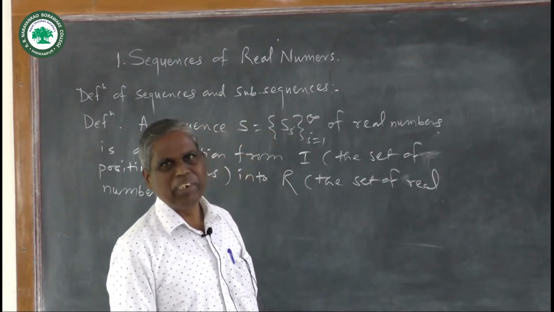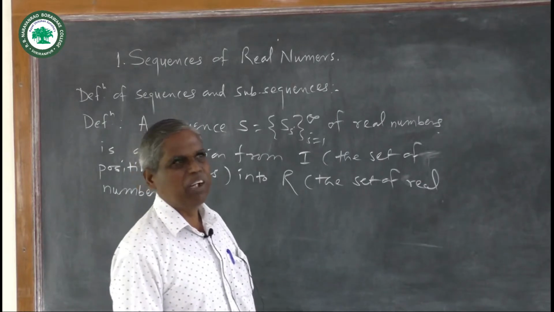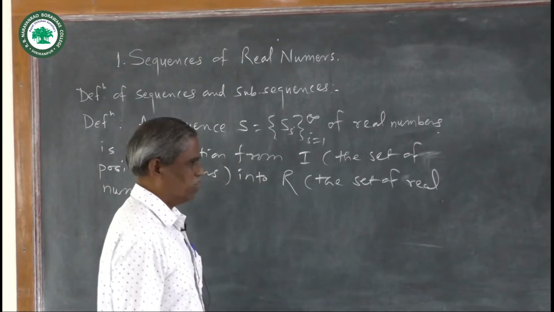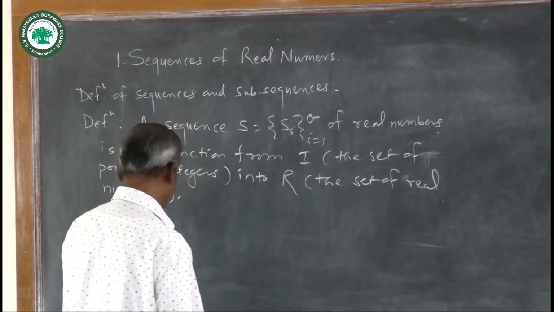I is set of positive integers, therefore I is equal to curly bracket 1, 2, 3 and so on up to n and so on. And R is set of real numbers.